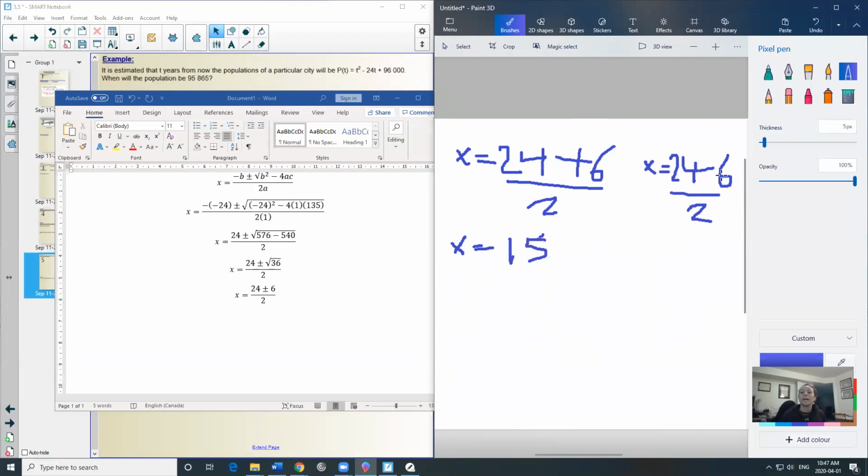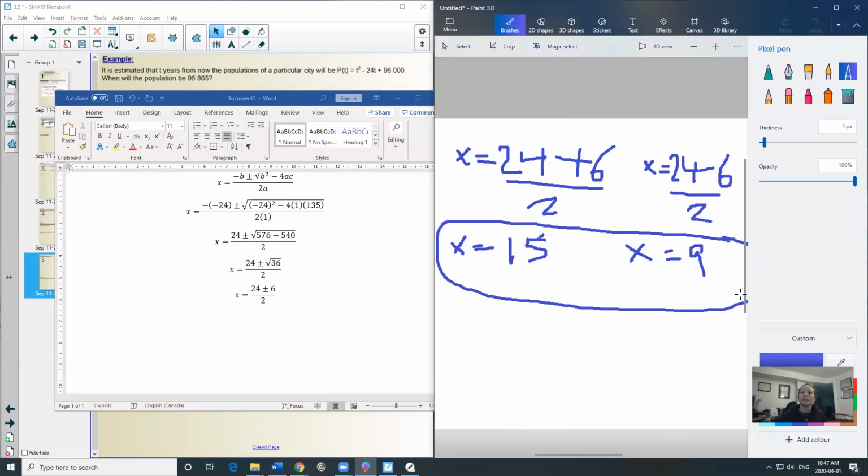Then 24 minus 6 is 18, and 18 over 2 is 9. So the solutions to your quadratic equation are x equals 15 and x equals 9.